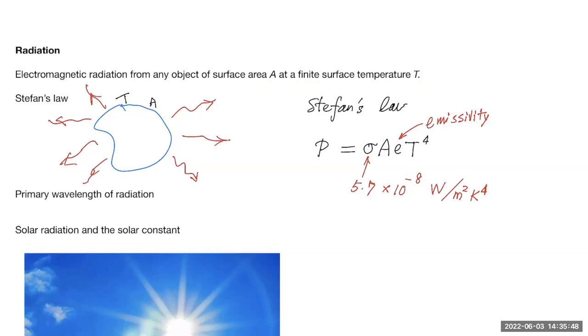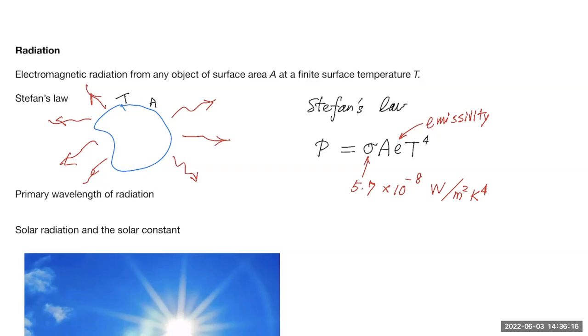Okay, what's a black body? A black body is an object that, when you shine energy at it, absorbs 100% of the energy that you give to it. It's a perfect absorber. If e equals 0, then it receives no energy through radiation; it reflects everything you throw at it.